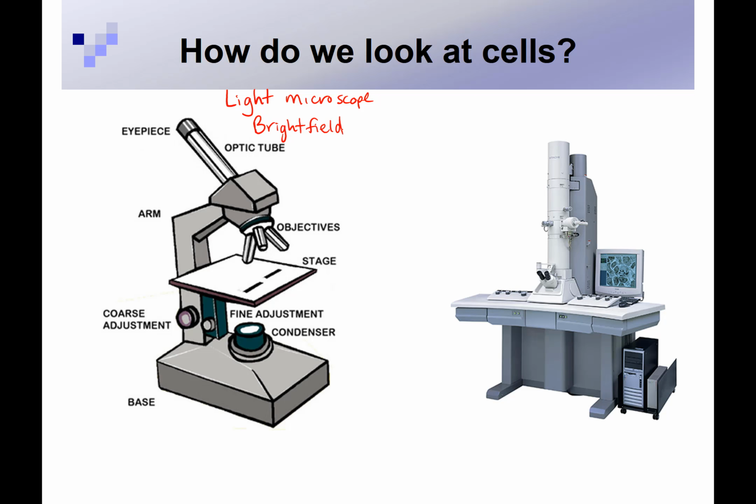Fairly simple microscope. You have light coming through your sample. You have objectives and eyepieces that magnify the sample so it looks bigger. The resolution, we'll talk about what this word means in a minute, for a light microscope is about 0.2 micrometers.